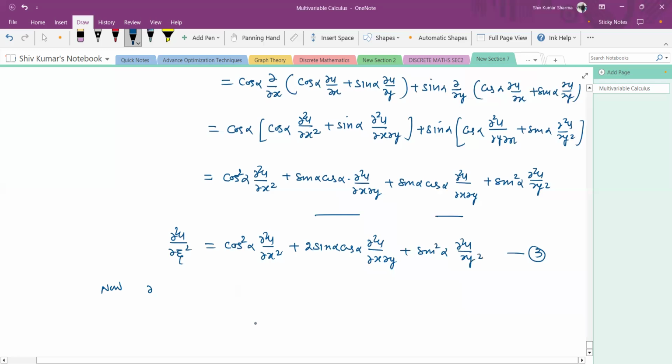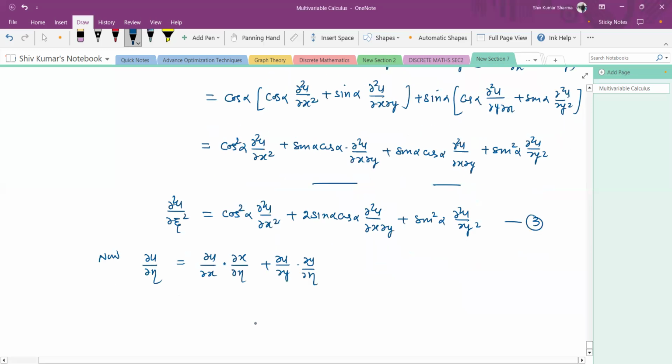Now we obtain del u upon del eta. So del u upon del eta means we write down del u upon del x into del x upon del eta plus del u upon del y into del y upon del eta.